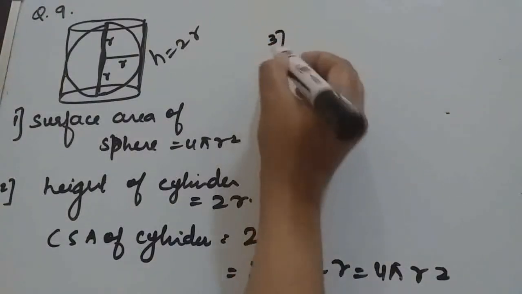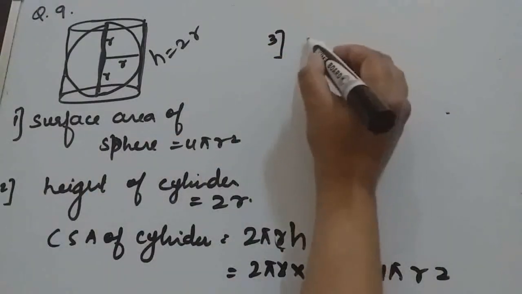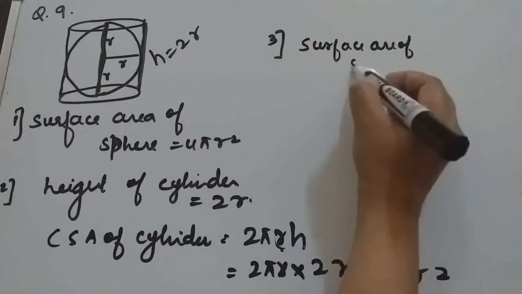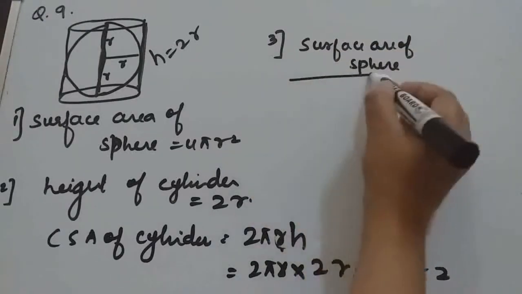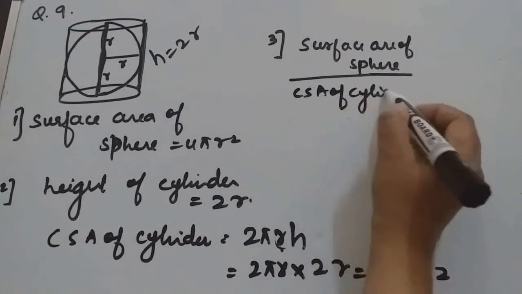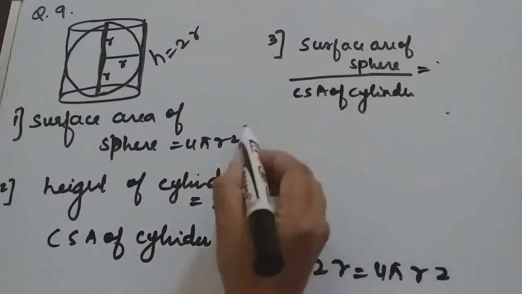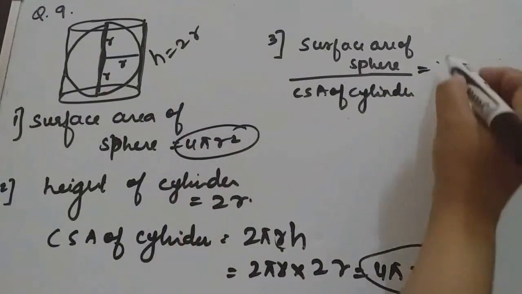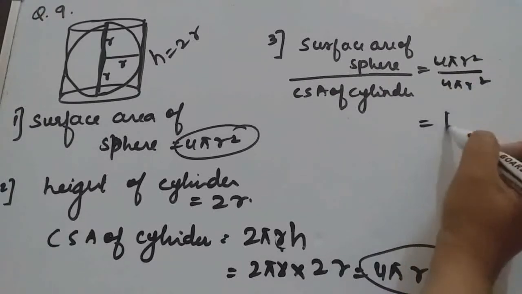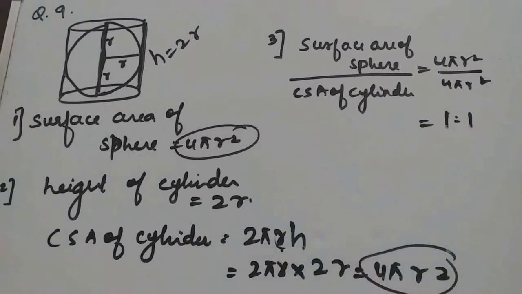Now in the third part, the ratio of both of these: the surface area of a sphere divided by the CSA of the cylinder. Both have the same area, isn't it? So 4 pi r square divided by 4 pi r square will be 1:1.